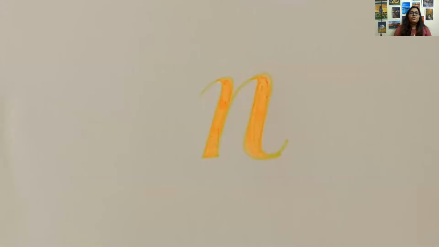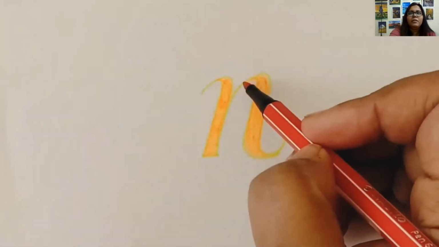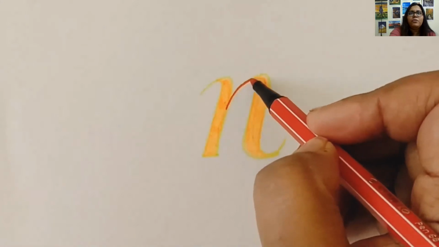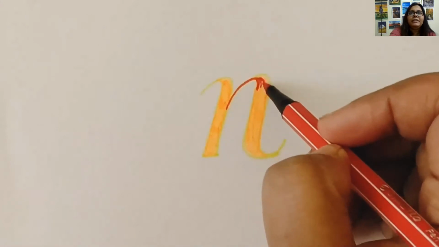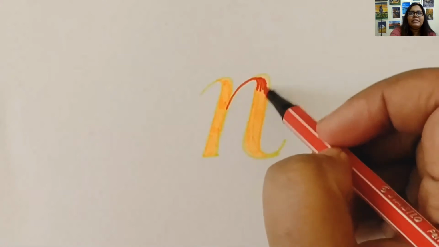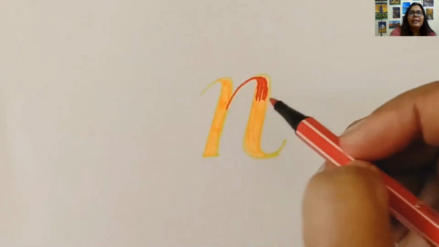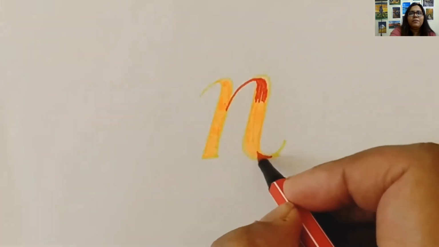Okay, now our next color is red. Just see how I am applying the red color. At the top portion, a little bit of red, and at the end, a little bit of red.